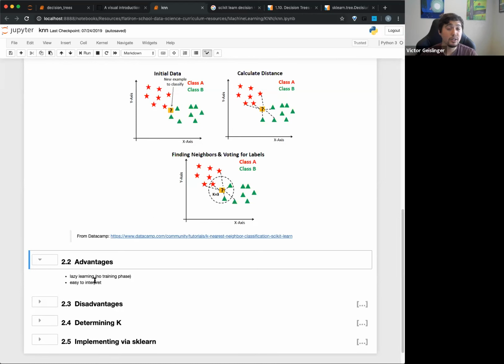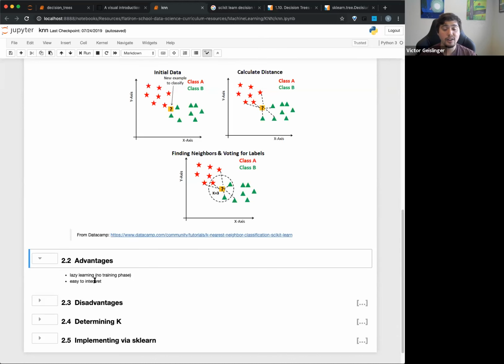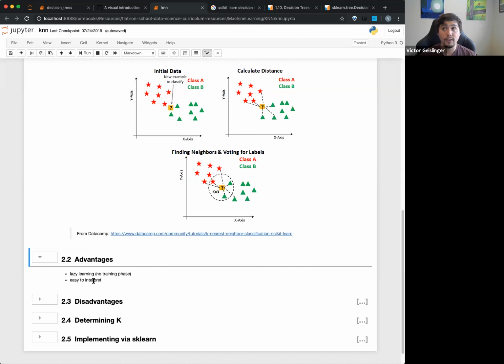Basically, if the 3 nearest neighbors, or K number of neighbors, are closer to you, like if there's more of one class that's closer to you, then you're that class. It's pretty easy to interpret that way and say, okay, that's why this data point is this class, because there are just more points that are closer to it, okay?